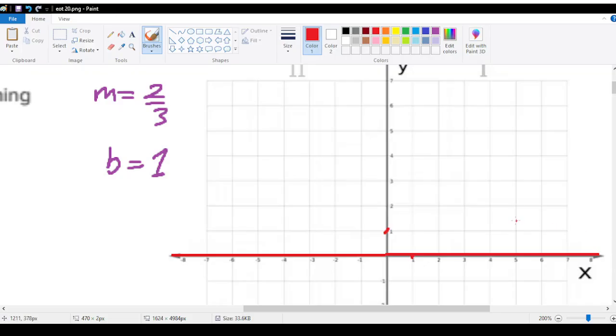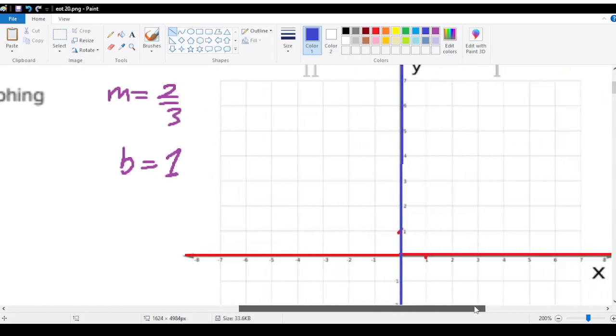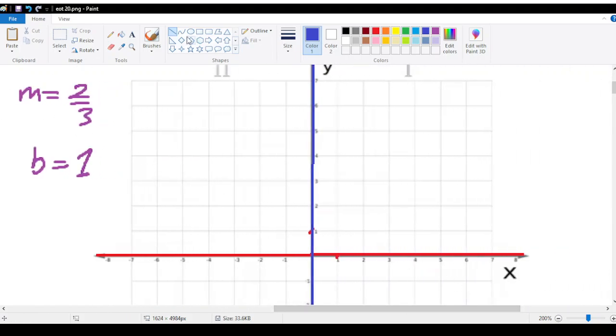X axis, correct? What is the name of this axis? X axis. Okay. What is the name of this axis, Shamsa? Y axis. Okay, so we have two axes. The first one is x, which is the red, and the blue one is the y axis.